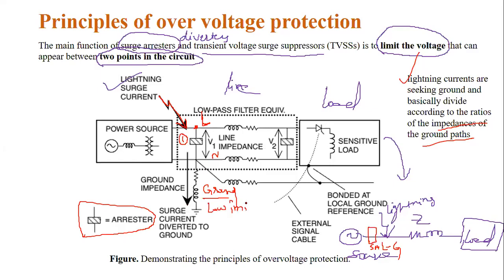low impedance path. Whenever that ground provides a low impedance path, only then does a large amount of such current flow from the line to the ground.